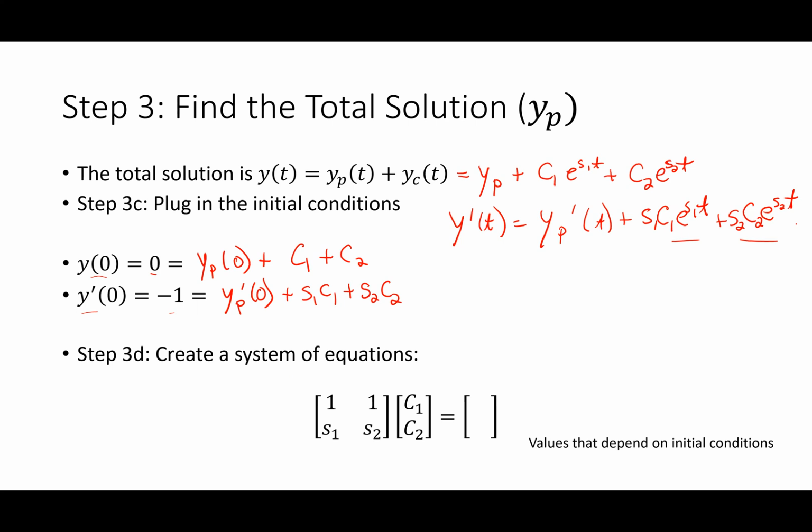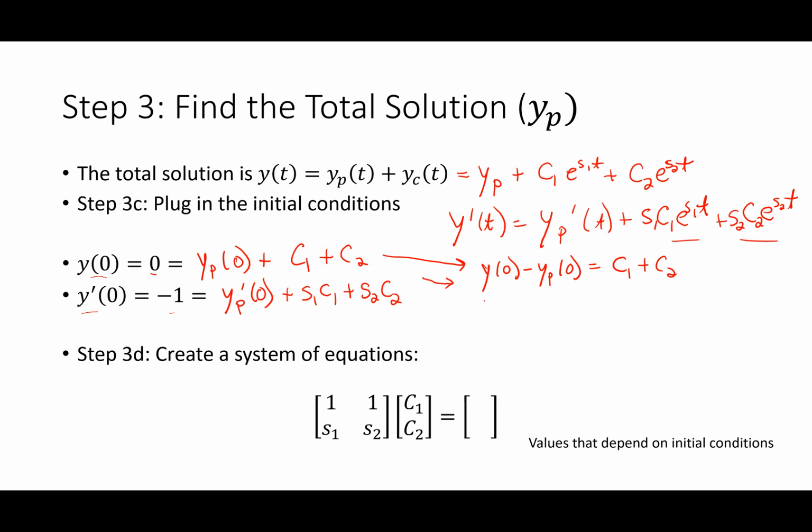If I look at that, I can turn that into a system of equations pretty easily in a very general form, meaning I have two unknowns and two equations. The two unknowns in this case are c1 and c2. So I say y of 0 minus yp of 0, that's the top equation, equals c1 plus c2. I just took this equation and rewrote it, bringing the yp over to the y0.